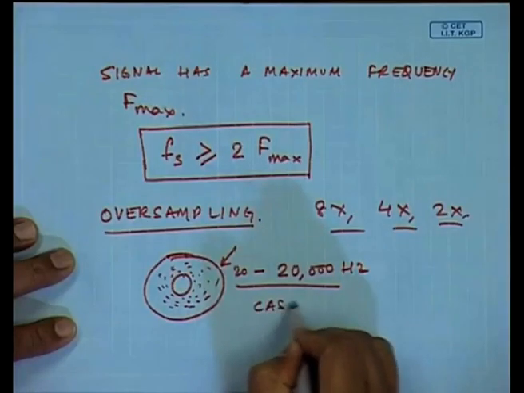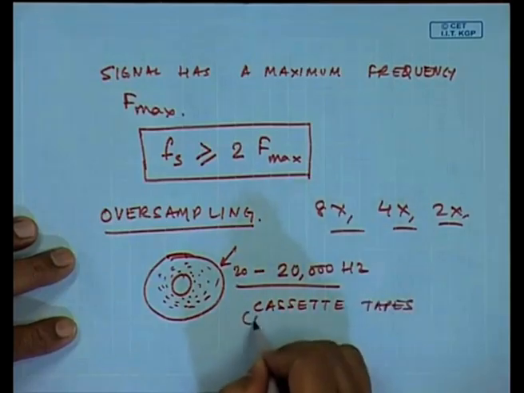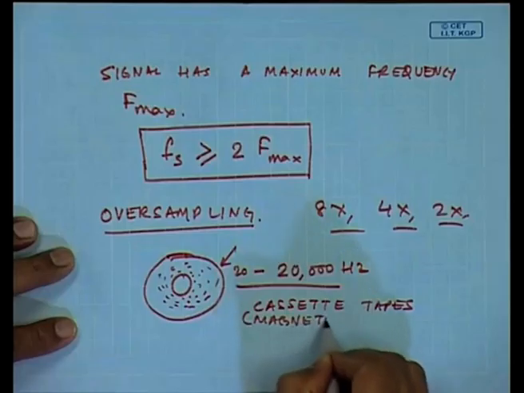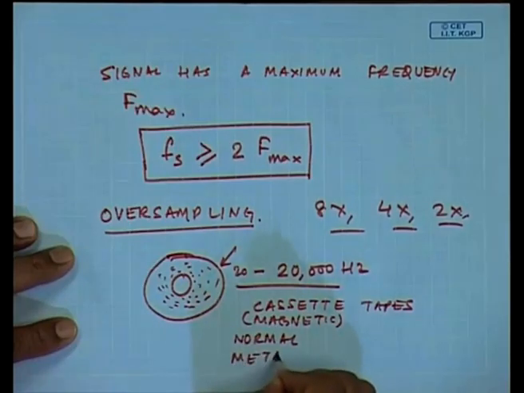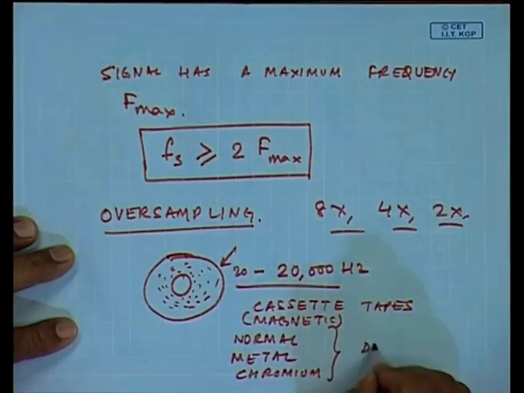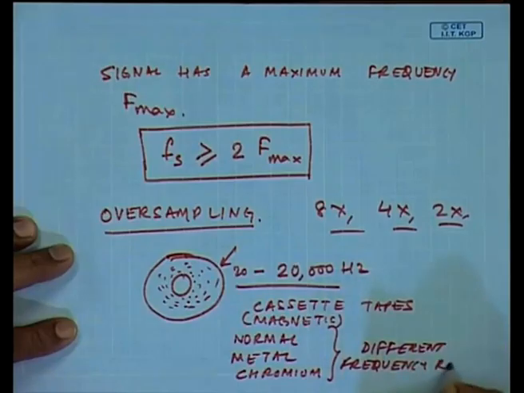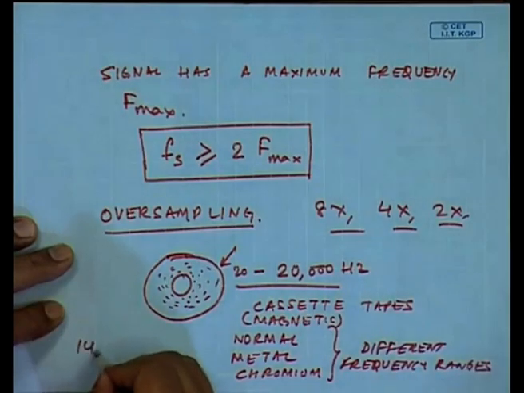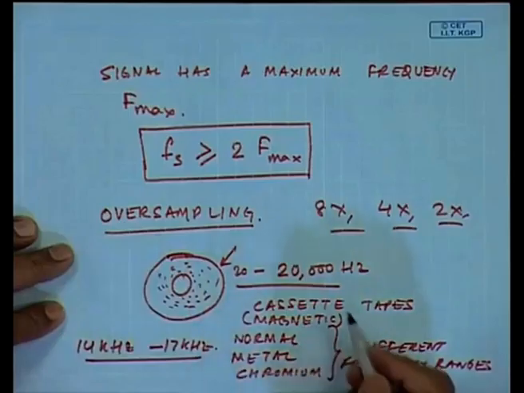as opposed to the earlier tape. You must have seen there used to be cassette tapes, or magnetic is the right word, wherein you had normal bias, metal bias, chromium bias, etc. They all had different frequency ranges, and typically they were anywhere from 14 kilohertz to about 17 kilohertz, metal being the highest.